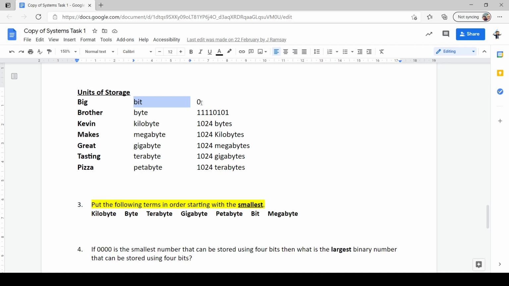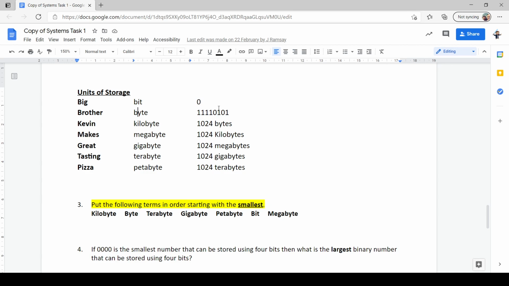It's just one singular bit of information, and it is the smallest unit of storage in a computer system. It can only be a 1 or a 0. The next unit of storage is a byte. A byte is made up of 8 individual bits. So if you have 8 bits, you have a byte.